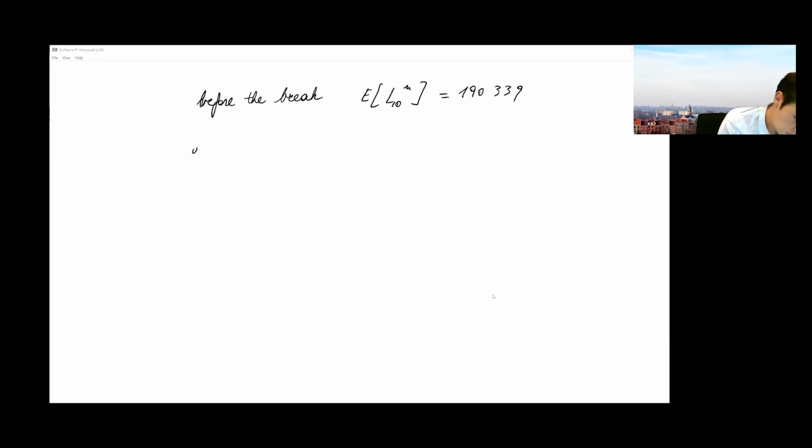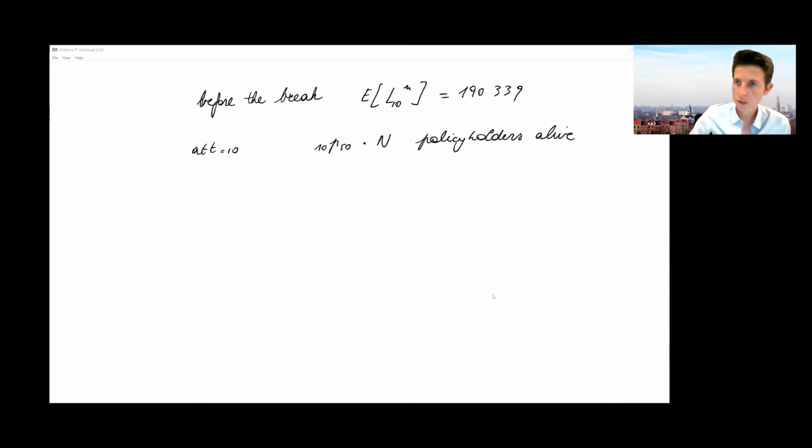If we look at time 10, so at t is 10, in expected numbers we've got 10p50 times n policyholders who survive until time t equal to 10.